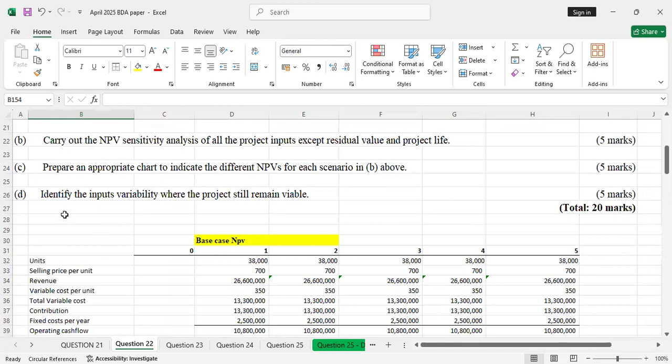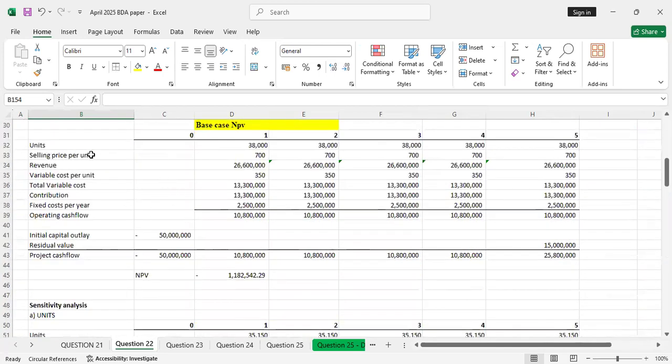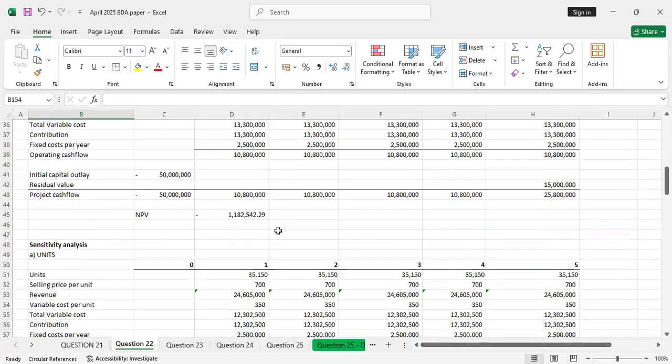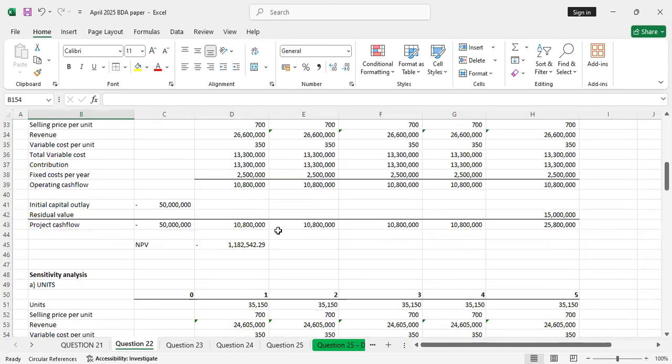So I identify the inputs where the project still remains viable. Because for the input variabilities, in this case, if units could have been adjusted and we had a positive NPV, then we pick it. Unless the residual value, because we did not interfere with it, and that residual value is an income, so we'll reduce it if it is adversely affected.